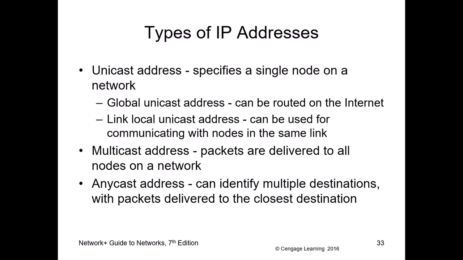Anycast address can identify multiple destinations, with the packet delivered to the closest destination. So for example, you can have an address given to several devices in your LAN, and when you send a packet, the one closest to you will get it.